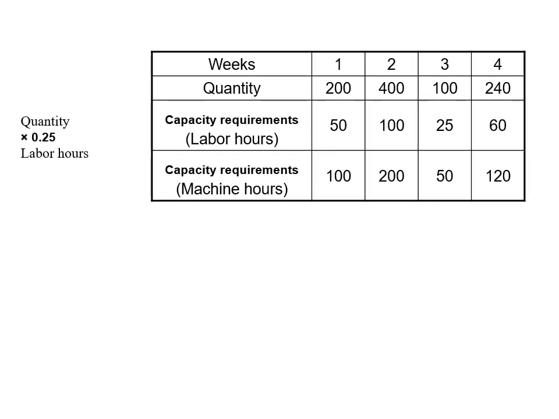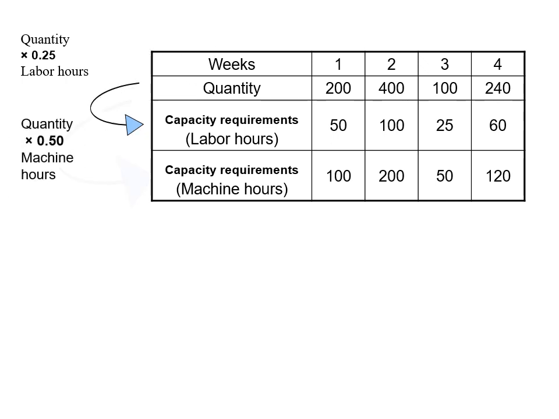The first table, the capacity requirement, we multiply 200 in the first week times 0.25 equals 50, and for second 400 times 0.25 equals 100, and for third equals 25, and for fourth equals 60.